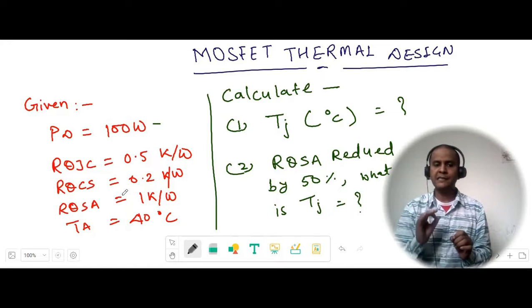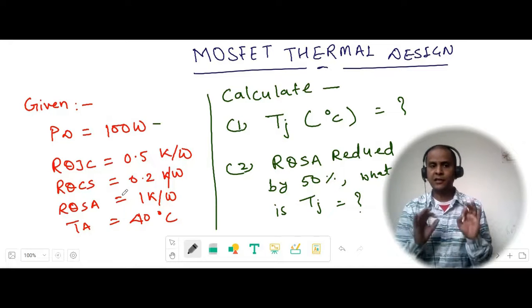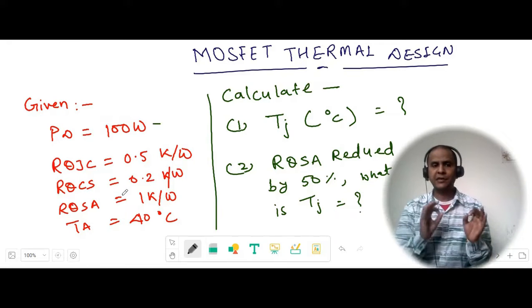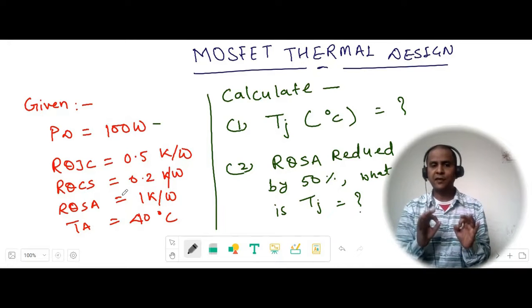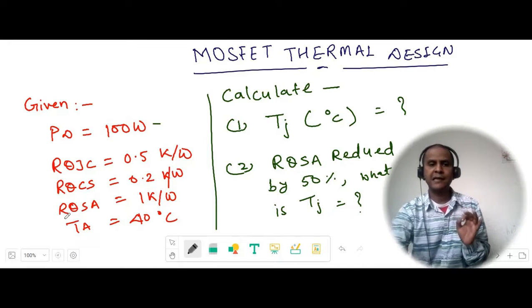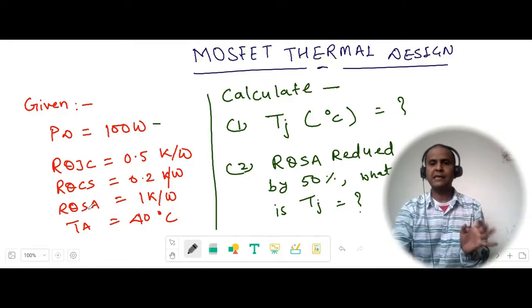So R theta CS is the thermal resistance for case to sink. JC stands for thermal resistance of junction to case, and CS stands for thermal resistance of case to sink. So the thermal resistance of case to sink is 0.2 Kelvin per watt, and R theta SA is nothing but the thermal resistance of sink to ambient.